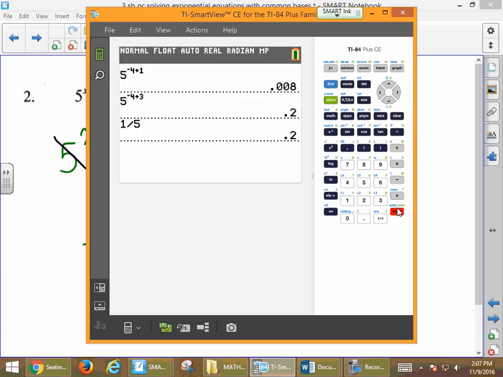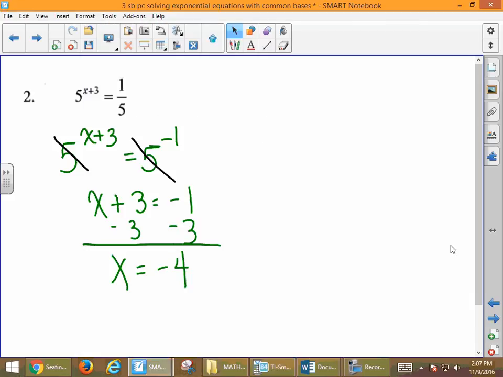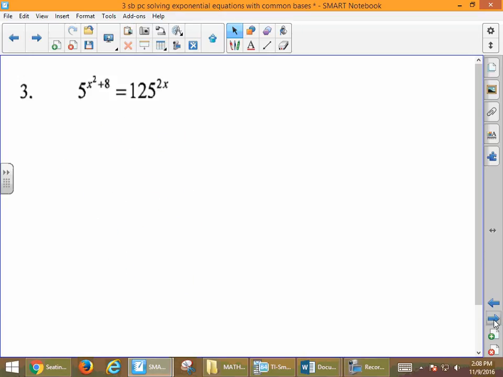So you have to type it in correctly, but if you do, luckily it worked out well for us, and hopefully it was skill and not luck. But once again, the key is common bases. We want to have common bases.